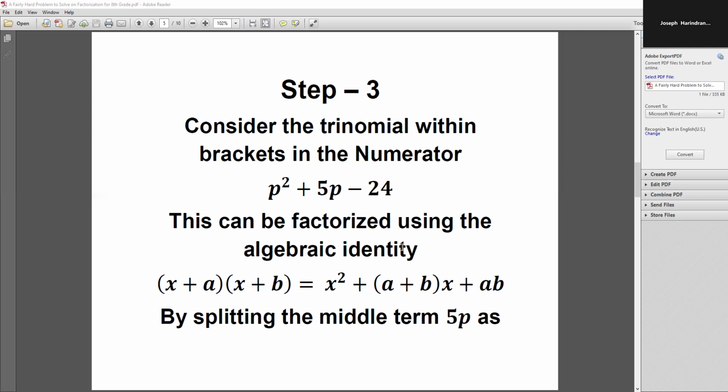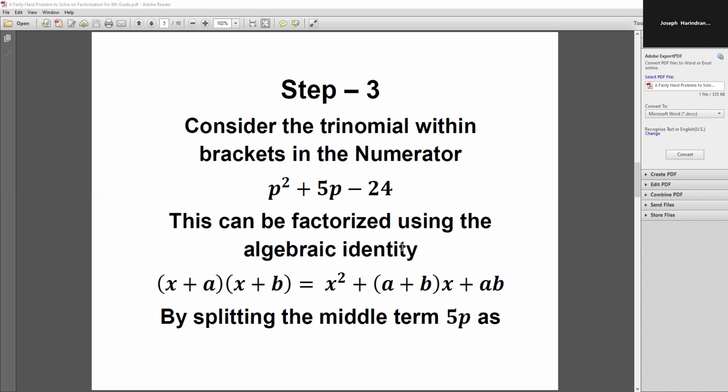x squared plus the middle term, which is the sum of the two factors into x, plus the last term, the third term, which is the product of the two factors. We will get ab there.